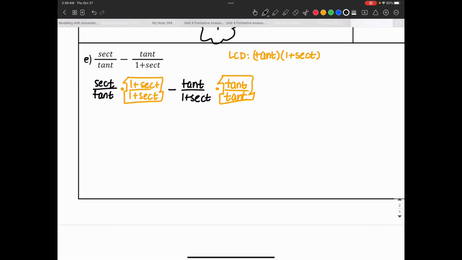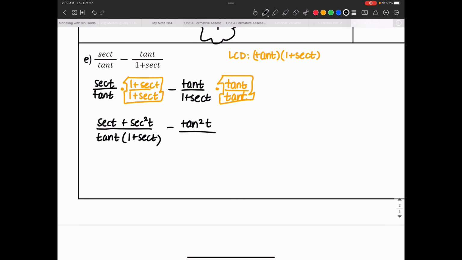And then I'm going to multiply through. So I have secant of t times 1 plus secant of t times secant of t. So that's going to give me secant of t plus secant squared of t all over, and I'm going to leave it factored for right now, tangent of t times 1 plus secant of t. And then my second fraction in the numerator, I'm going to have tangent squared of t, because I'm multiplying this times this.